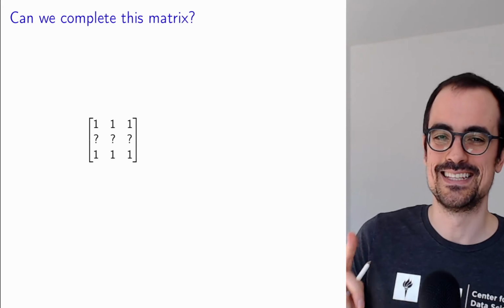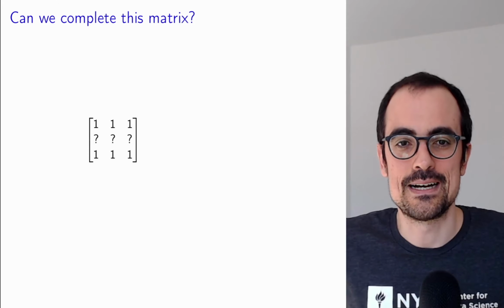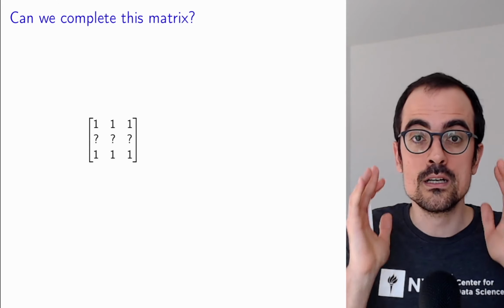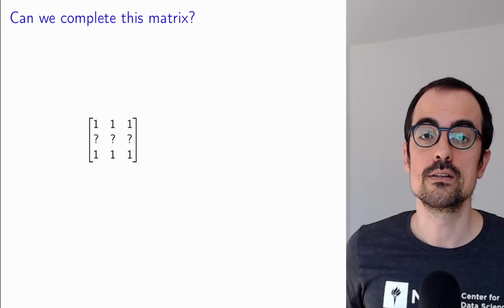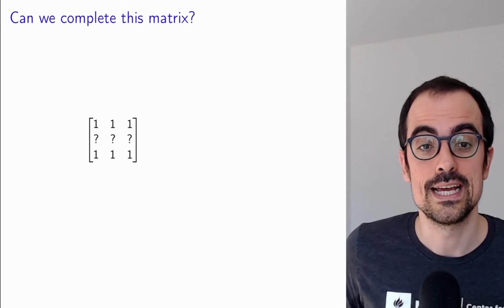So now, is this magic? No, this is not magic. As we have seen while we were solving for this, we need to have observed certain entries in order to be able to estimate these factors.